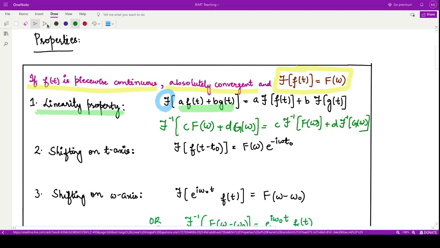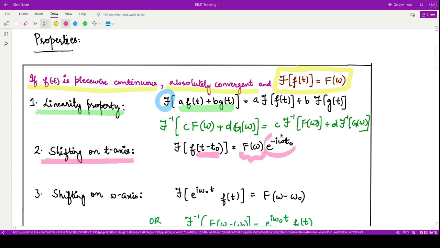Moreover, moving on to our next property, we have shifting on t-axis. Now we'll see this in detail. What do you mean by shifting on t-axis? That means whenever you are shifting the independent variable t by the distance t naught, either in the right direction or in the left direction, depending on the sign of t naught, whether it is positive or negative, it would just be available if you have the Fourier transform of the function f of t, which is capital F of omega, multiplied by this term.